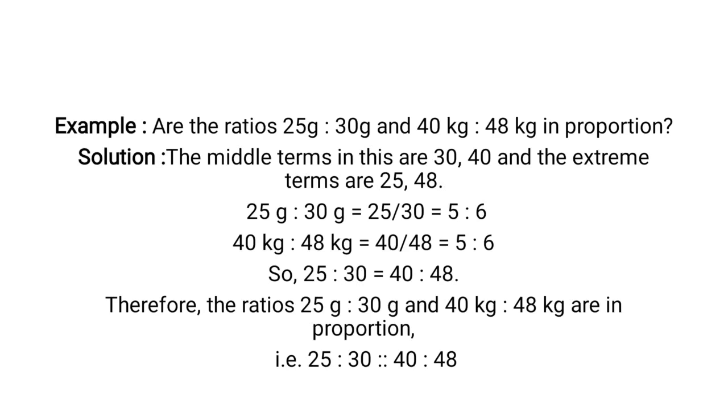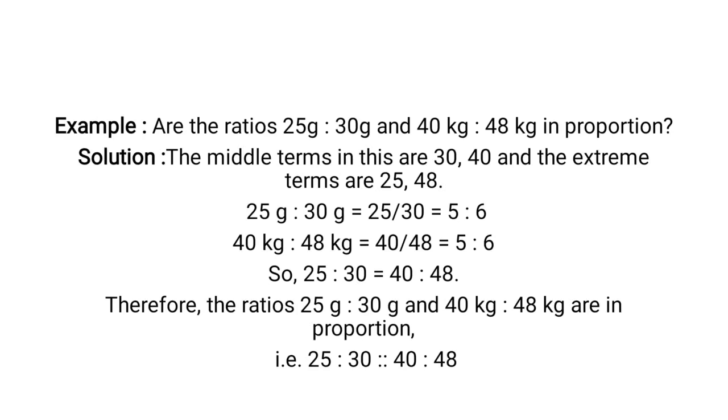Here, let us take the following example to understand proportions more clearly. Well, 25 grams is to 30 grams and 40 kg is to 48 kg are the ratios given.